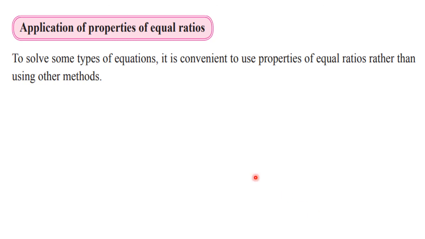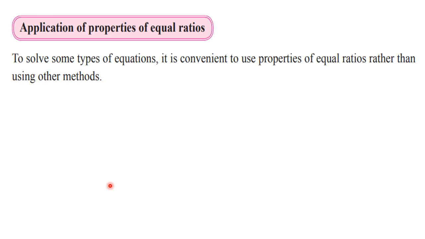Here, the next example is about the application of properties of equal ratios. Some types of equations which are very different, not similar to the previous one, it is convenient to use the properties only, or the operations only.